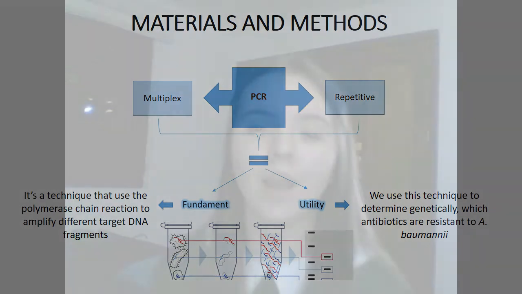So, the PCR multiplex consists of several sets of primers within a single PCR mix to produce amplicons of a size that is specific for several different DNA sequences. The PCR rep is a PCR amplification of repetitive extragenic palindromic elements, a type of PCR that uses primers designed to anneal with repeated sequences interspersed in the genome.